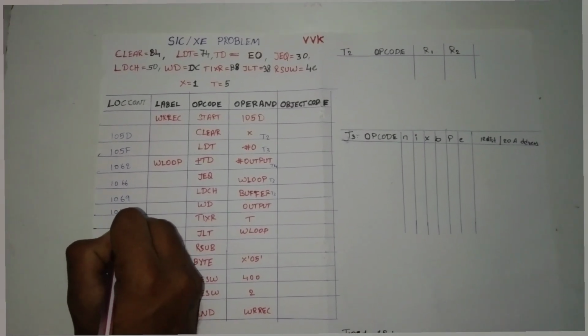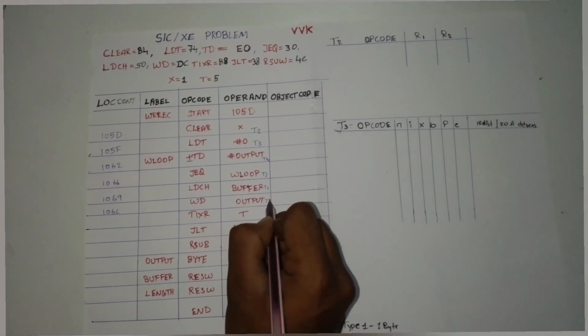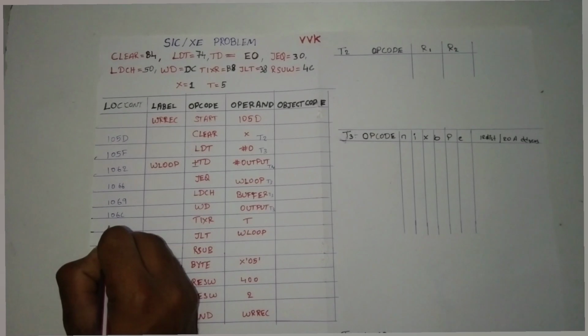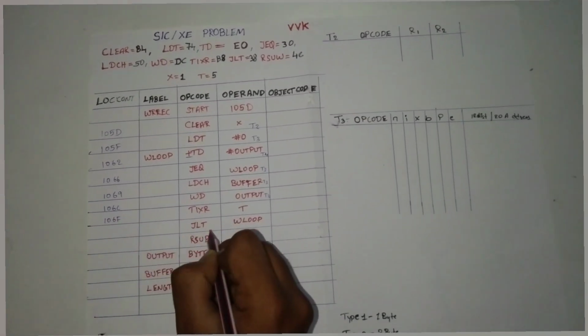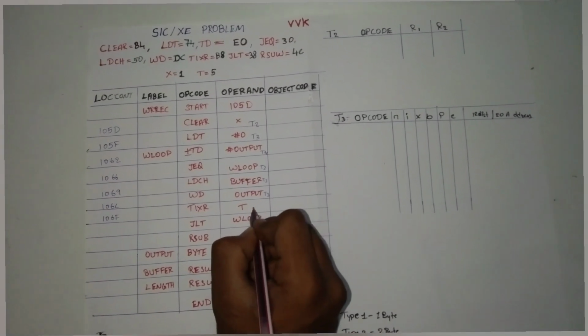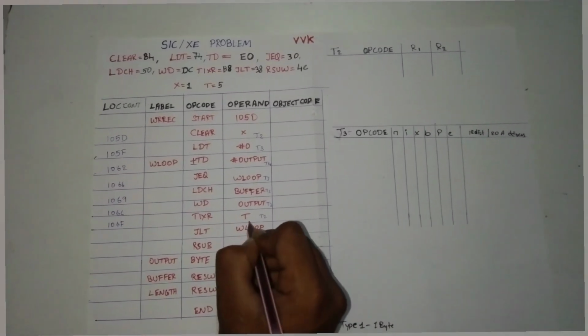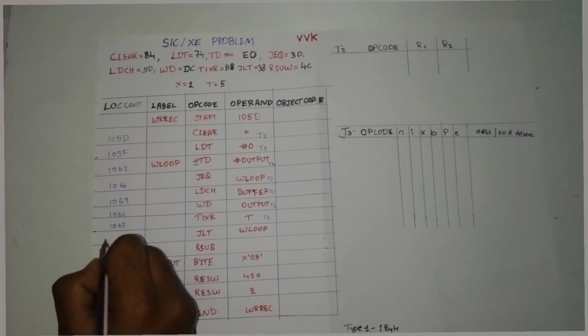It will be 106C. Again it is type 3, so the location counter will be 106F. And now here T is a register, so it is of type 2, so we need to add 2 bytes to the location counter.